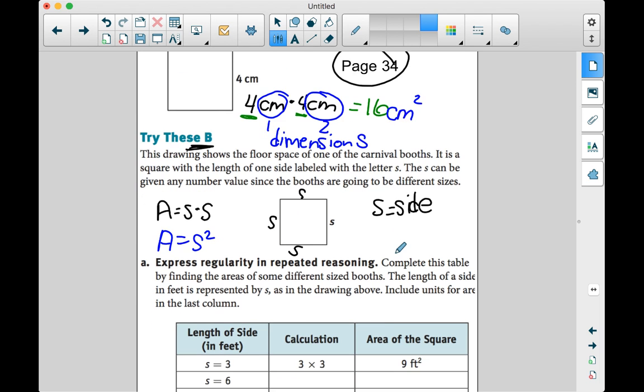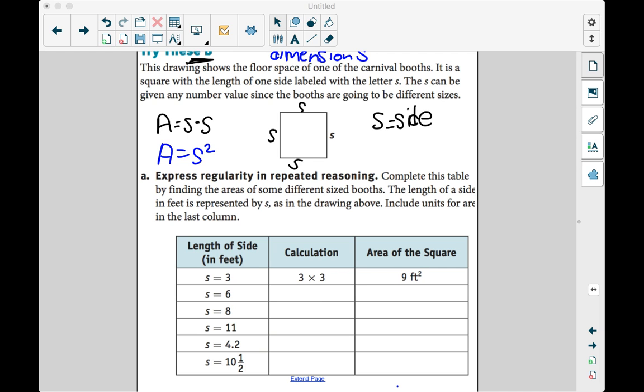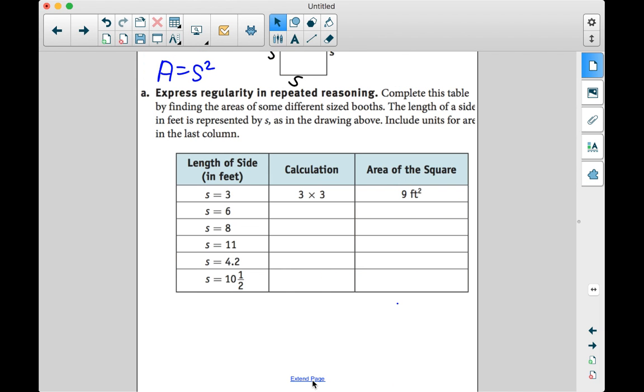Again, because there are 2 dimensions. So now I'm going to scroll down to letter A, and within letter A, I'm going to go ahead and complete this table. If I have an area where this side is, let's say, 6, so my side is 6, I would find the area of that square by saying 6 times 6, and it's always in feet.